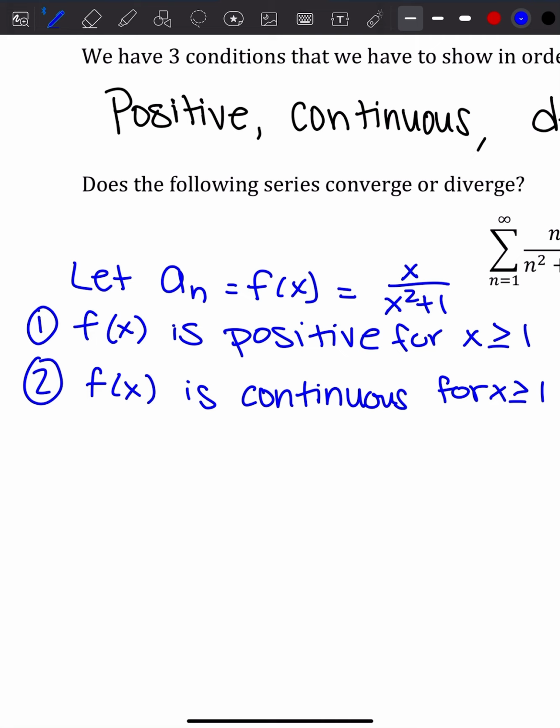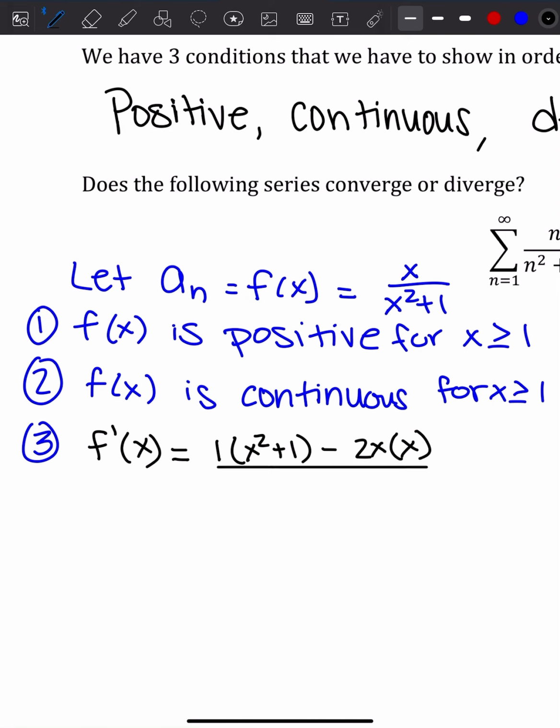Our last one is decreasing. In order to talk about decreasing, we are going to be looking at the derivative of our function. So first thing we want to do is find the derivative of what we have. In order to do that, we need to use the quotient rule: u prime times v minus v prime times u, all divided by v squared.